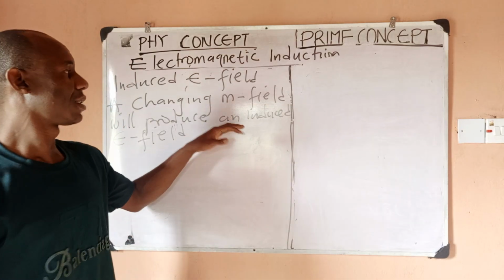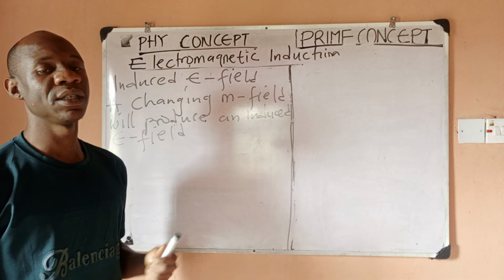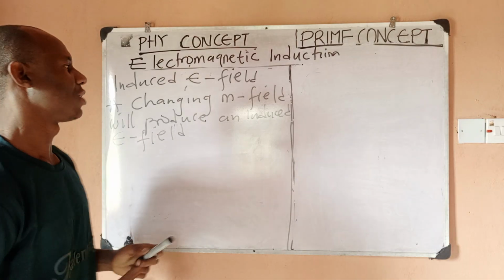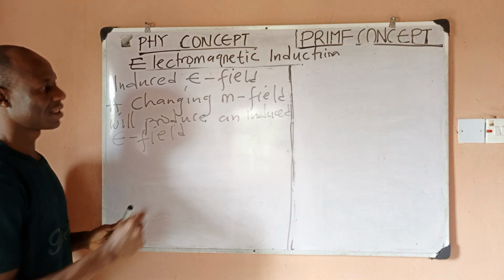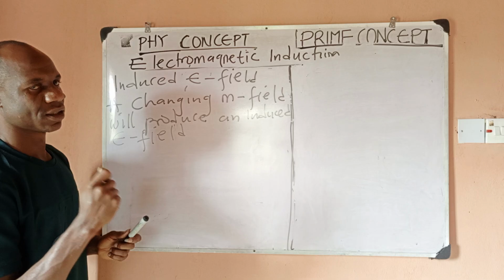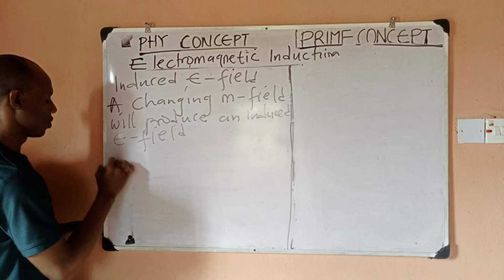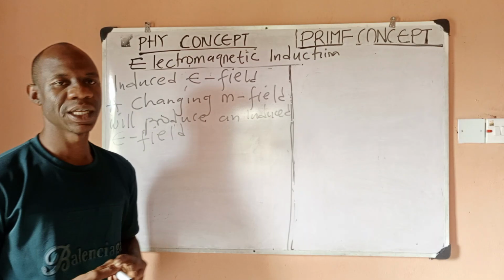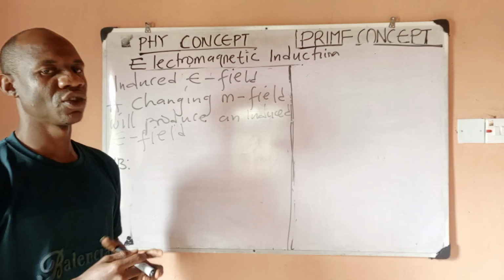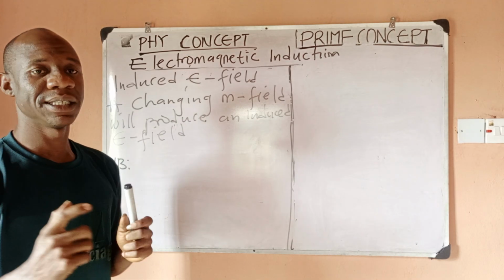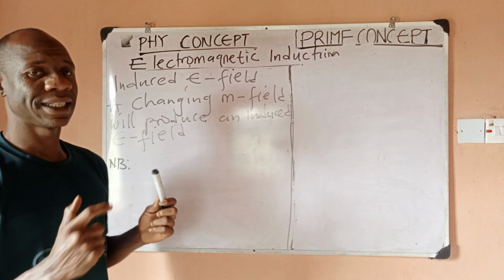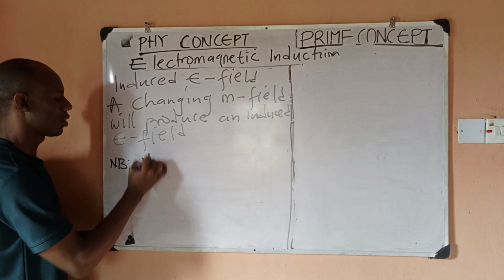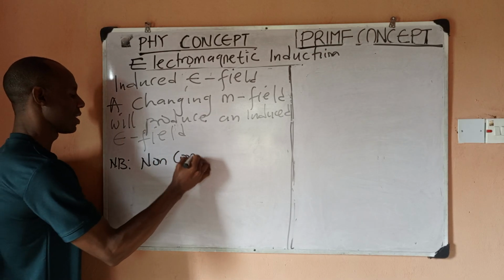Yes, so for this induced electric field, we want to see the relationship for the induced electric field that is produced. But first thing I want you to take note of, I want you to note 2 points for the induced electric field. One point you should note is that the induced electric field is non-conservative.